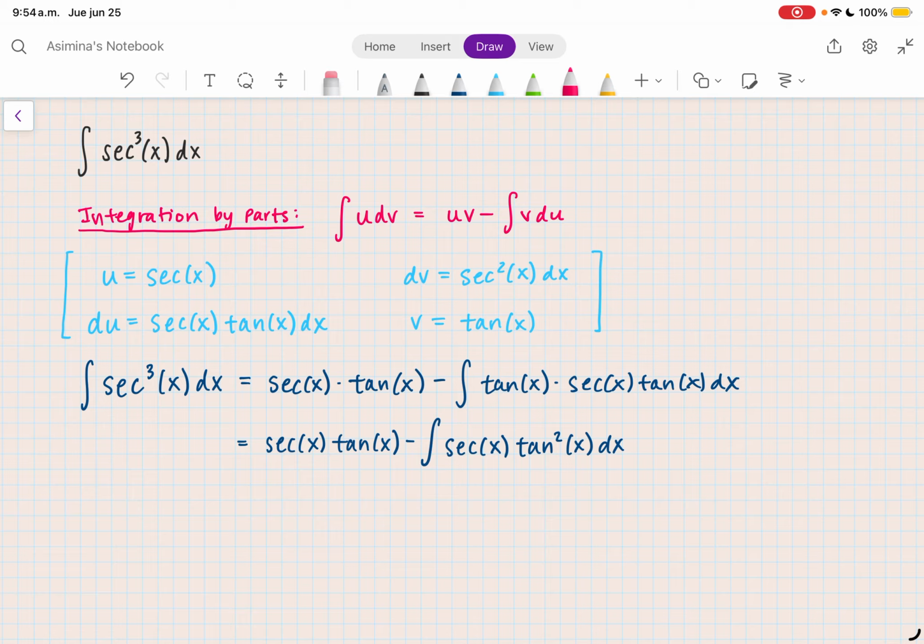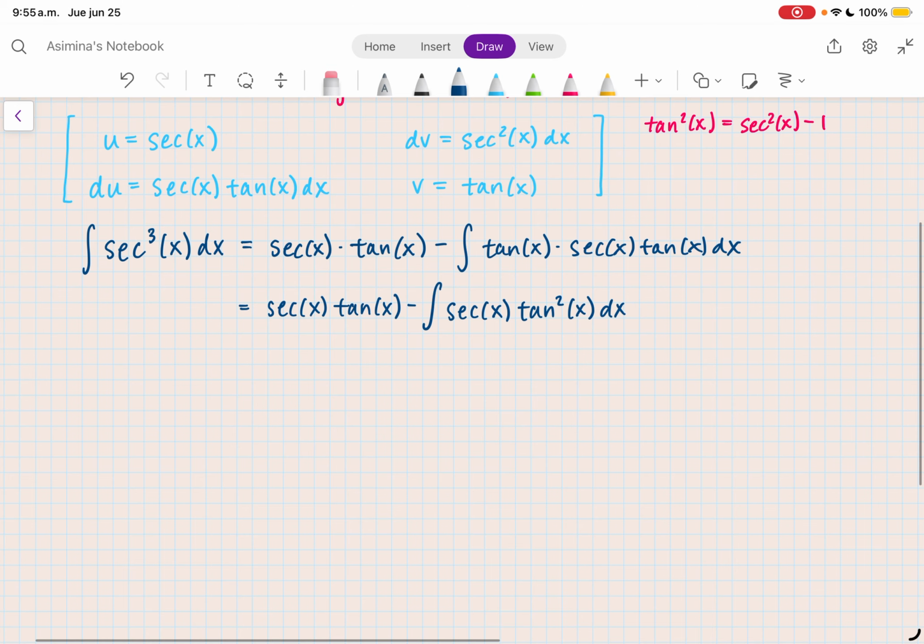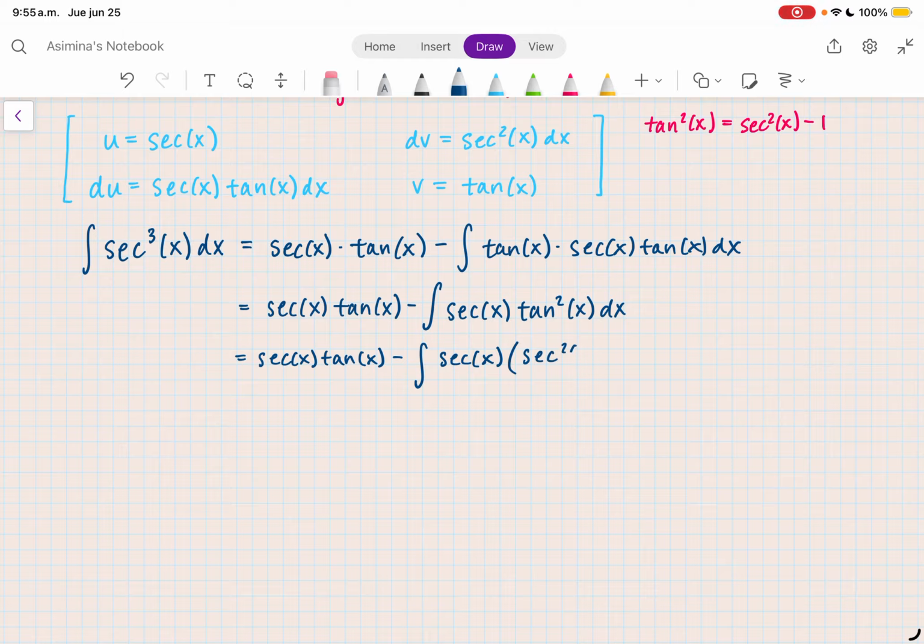So we know that tan squared x equals secant squared x minus 1. So I'm going to rewrite this as secant x tan x minus the integral of secant of x times tan squared, which is going to be secant squared of x minus 1 dx.